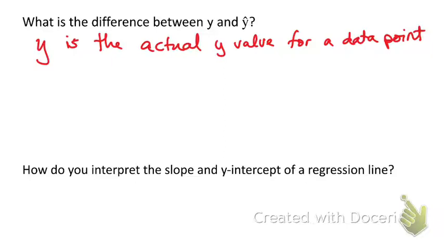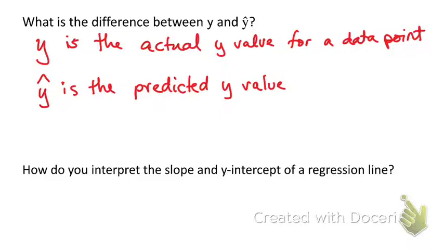When you have a scatter plot and you have all the little dots, every single dot has an x and a y value. That's how we know where to put the dot, right? We go to the x, we go to the y, we put a dot there. This is the y value for the data point. That's what y is. Y hat is the predicted y value from the regression equation.